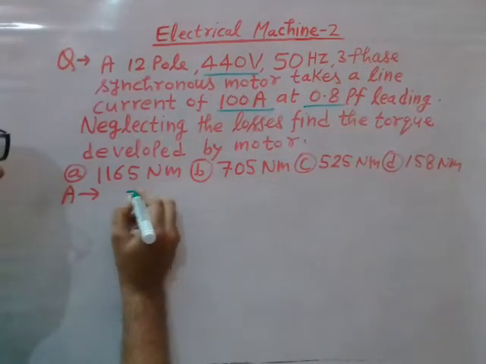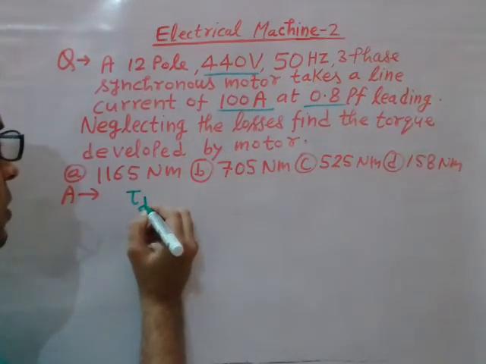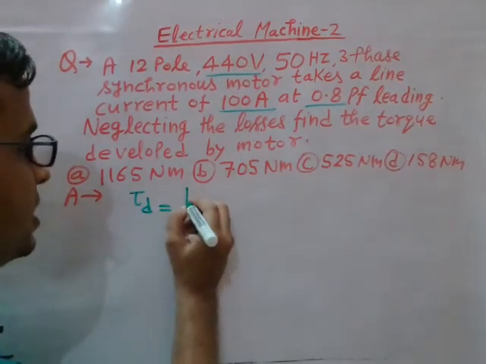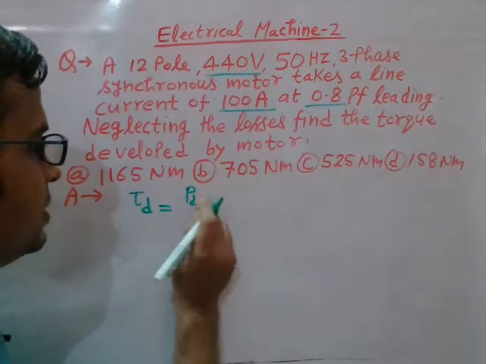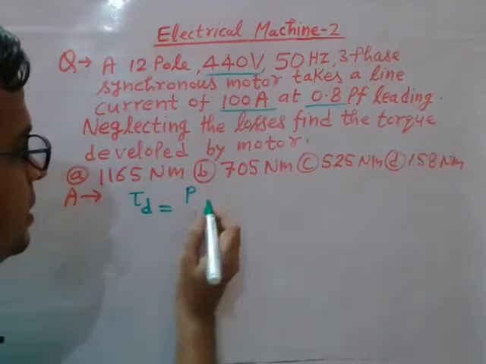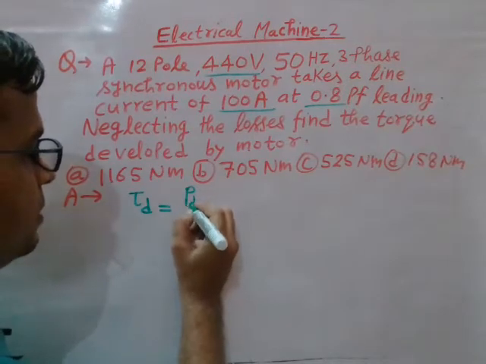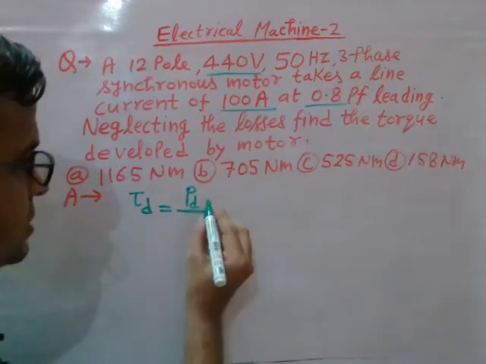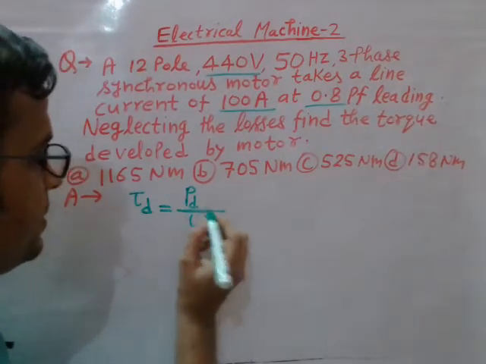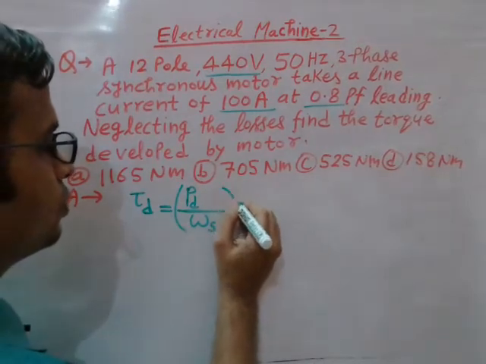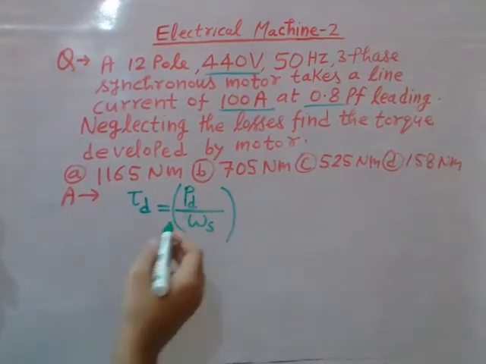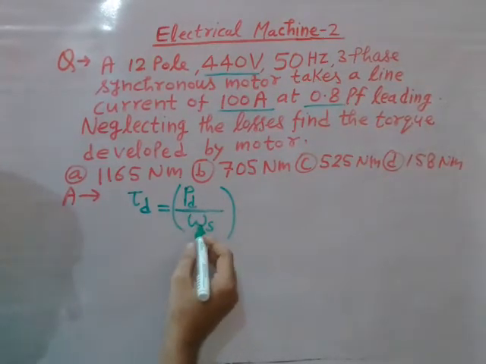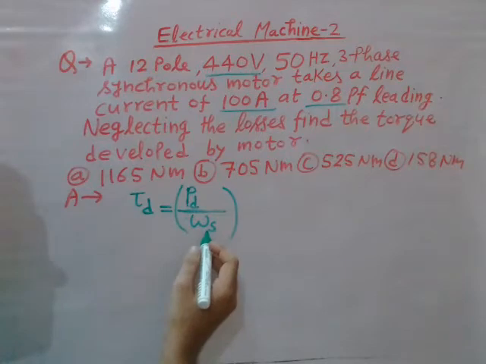So the very basic relation of the torque developed: torque developed is nothing but the developed power, let me call it P developed, PD, divided by the synchronous speed in air gap, right?